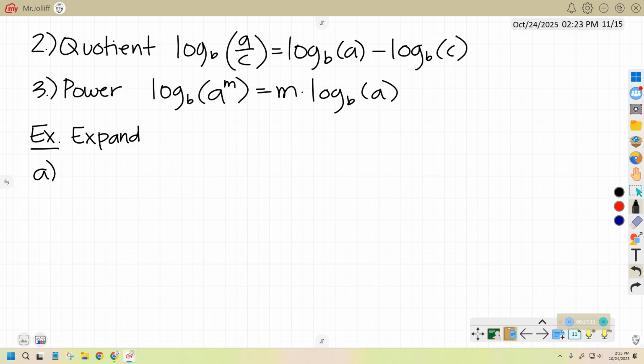So we'll do our expand first. Log base 4 of 7x times 2y.